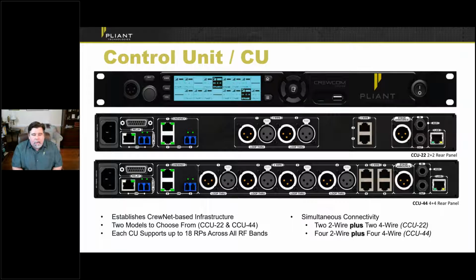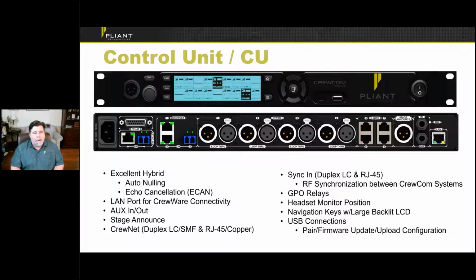Each single control unit supports up to 18 users or radio packs across all of the RF bands that are available, which are 2.4 gig and 900 megahertz. It has an excellent hybrid for converting 2-wire to 4-wire, excellent echo cancellation and nulling.